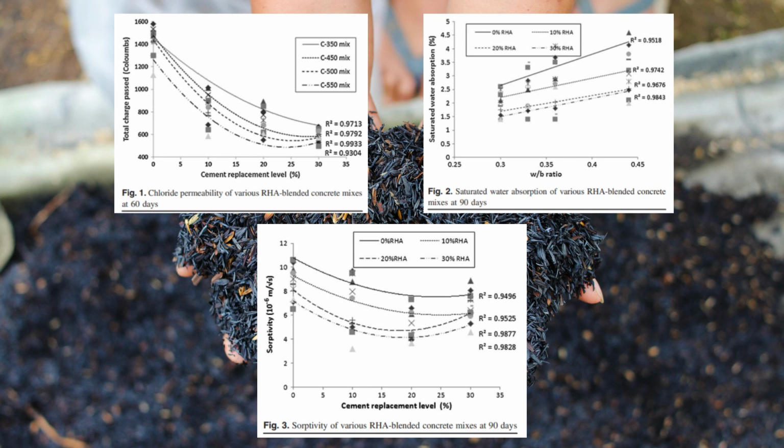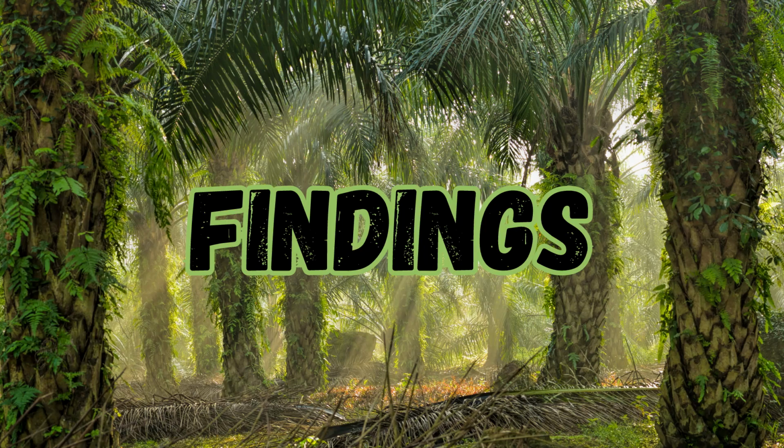And then the second graph is the W/B ratio versus saturated water absorption percentage, which shows the highest water absorption is at 0% RHA, and the lowest is at 30% of RHA being substituted into the cement. The water absorption is about 2%.